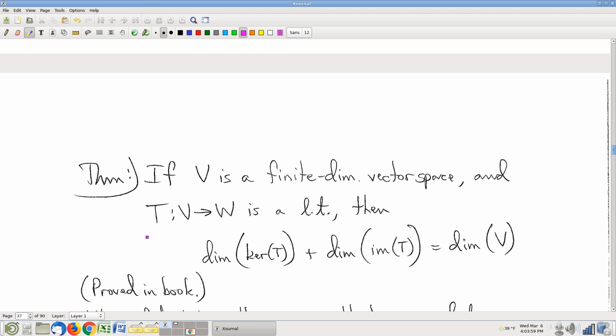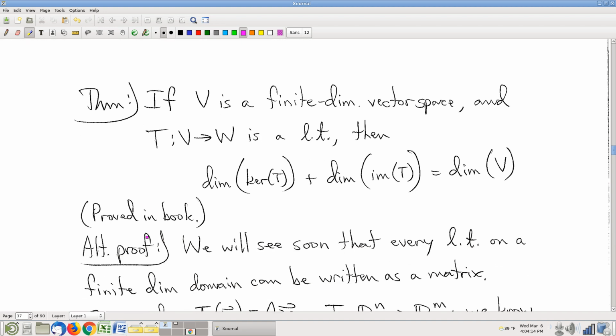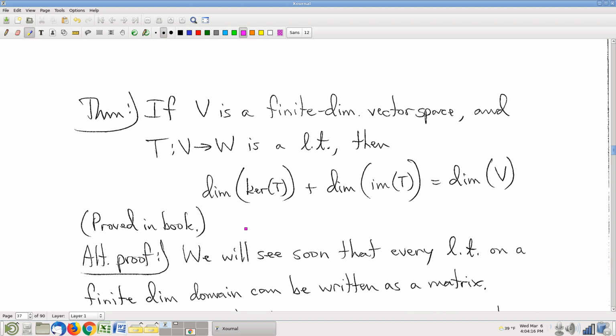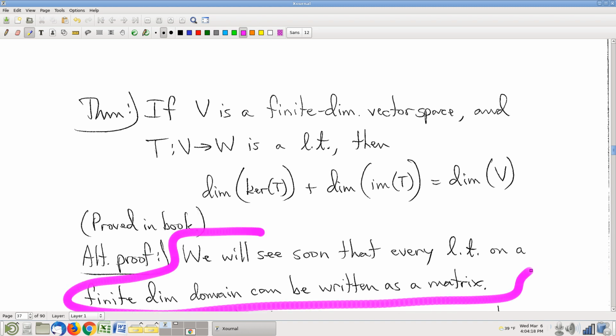Now, my proof has the disadvantage that I'm not going to be able to finish it for about a week, because there's one fact that we're not going to have the tools for until about a week from now. But when I have that one extra little fact done, the rest of the proof will be complete. And here's the little asterisk that I have to put on my proof.